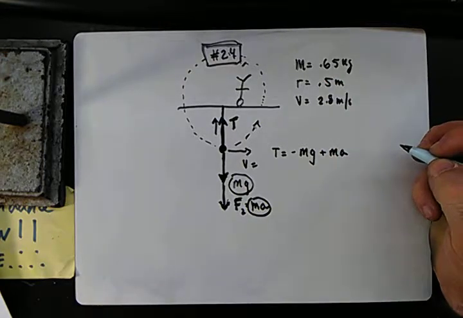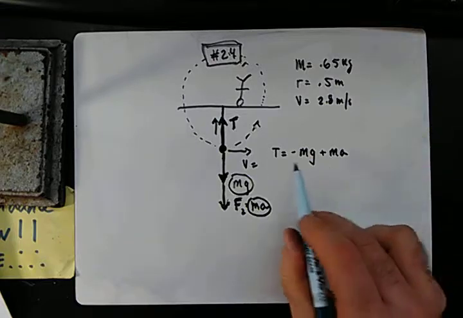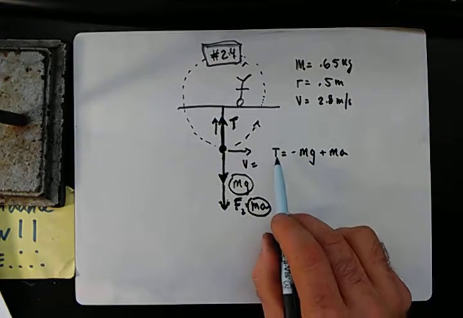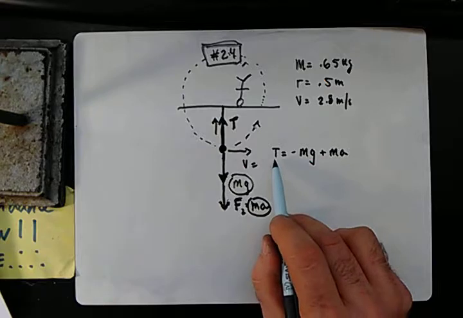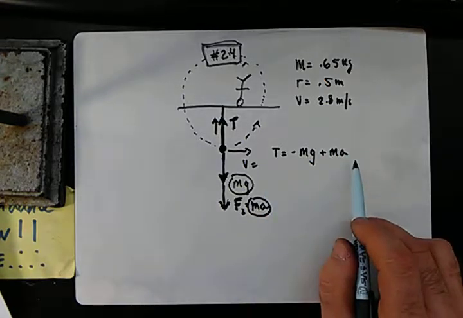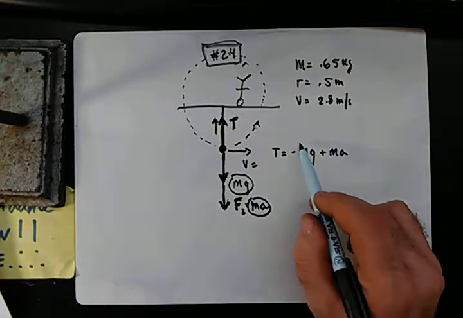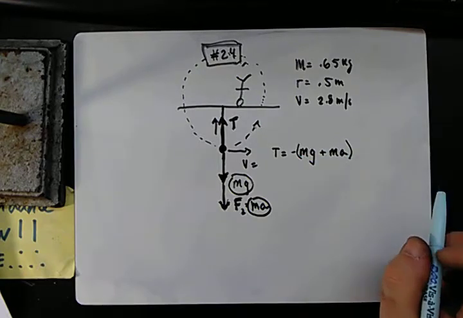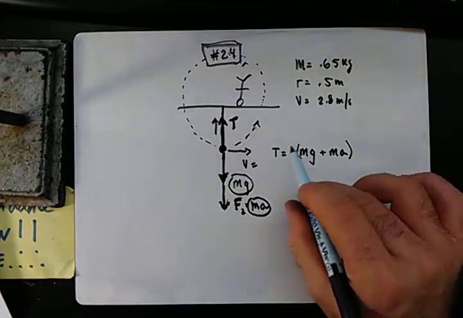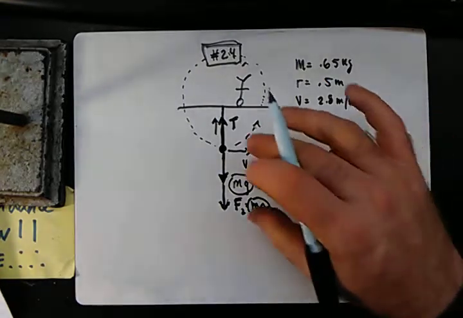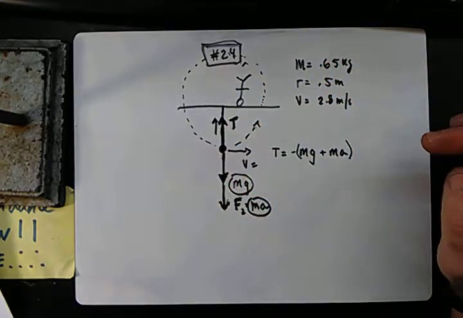Okay, and then in the second question, it also asks us to set up the equations needed to determine the tension in the string. So, now here's the part where we have to really look at this visually.